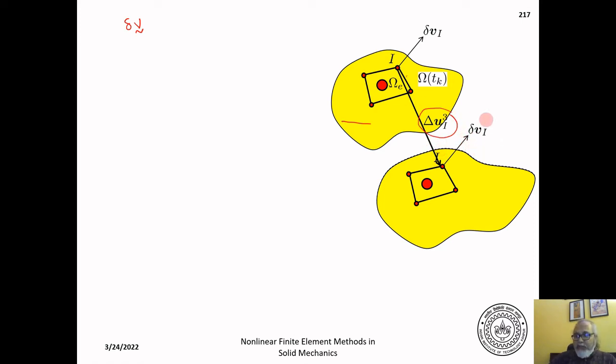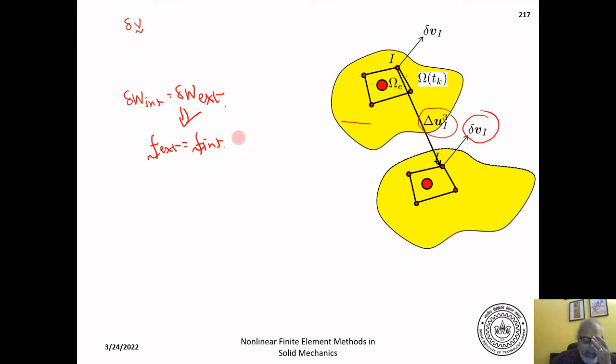This is an arbitrary virtual velocity, which, as we will see, will fall out of the calculations, and setting del W internal equal to del W external is equivalent to setting F external global equal to F internal, because this is an arbitrary quantity. That's why this leads to this. We have already shown this, and this is what will be used to calculate the tangent stiffness.